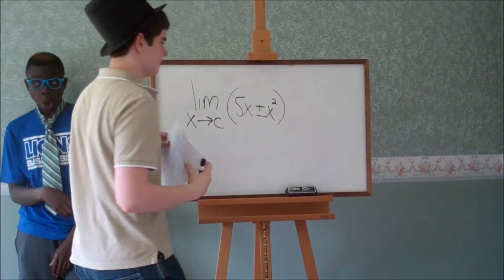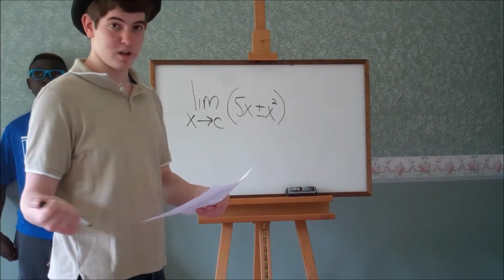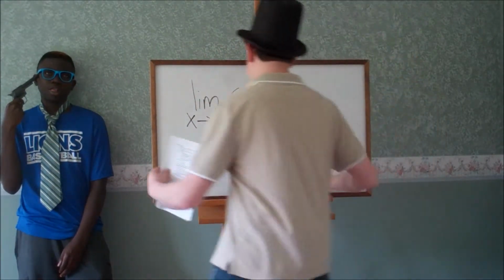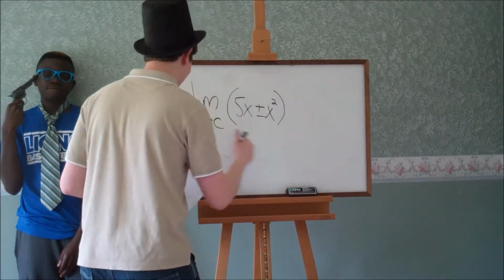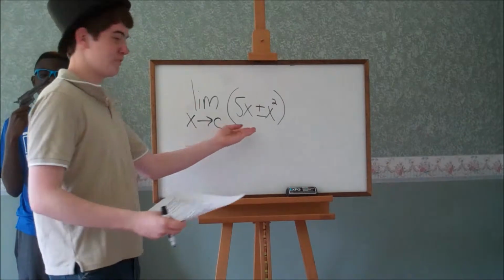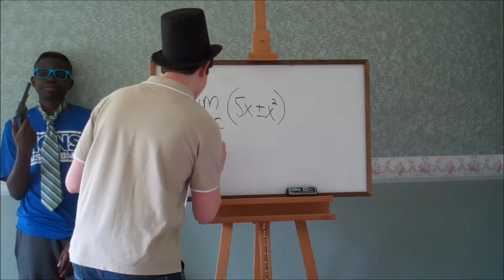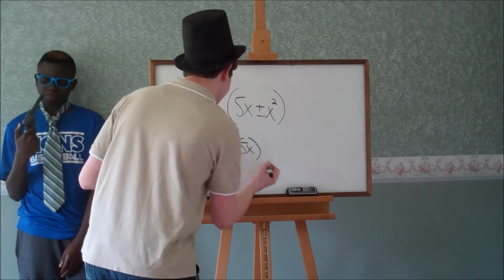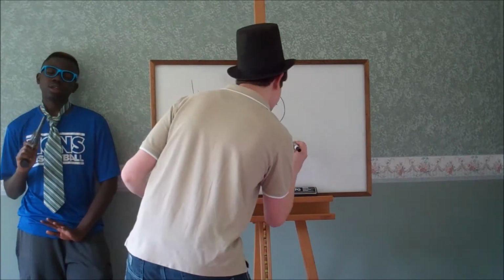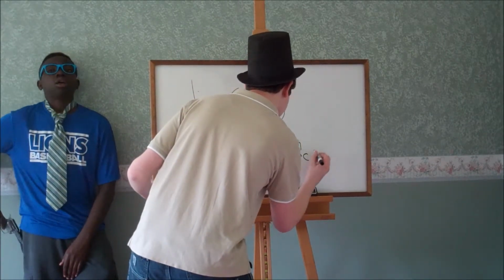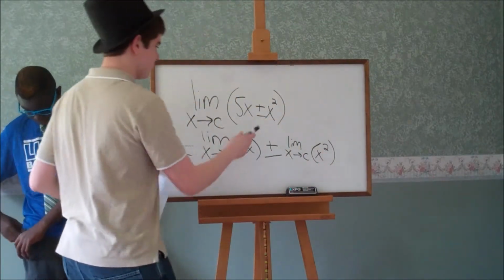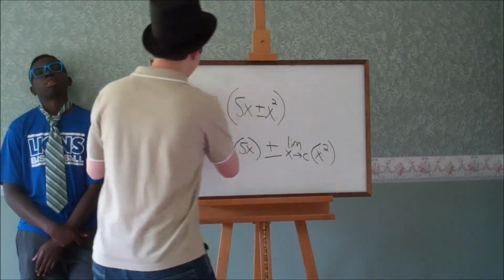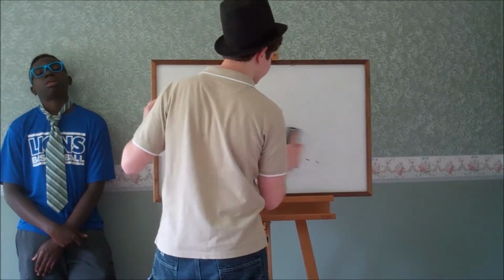What you can do is separate these two out so that you have the limit as x approaches c of 5x, and you put plus or minus in between the limit as x approaches c of x squared. So you just separate those out into two separate limits, approaching the same value, and plus or minus goes in between. That is the first property of limits.